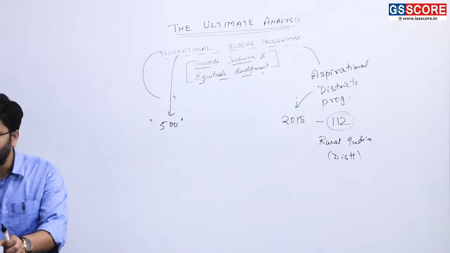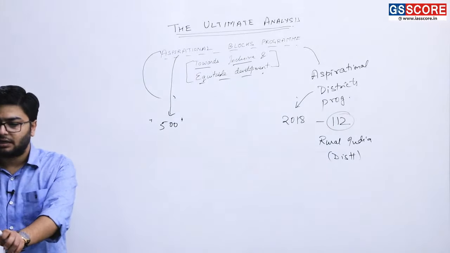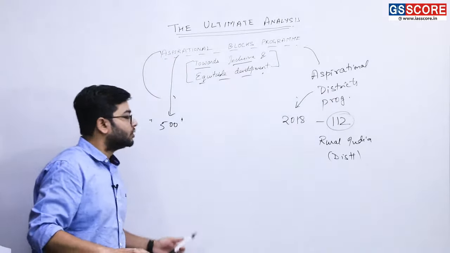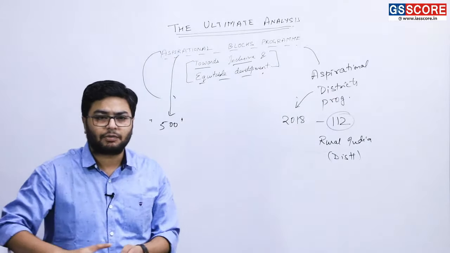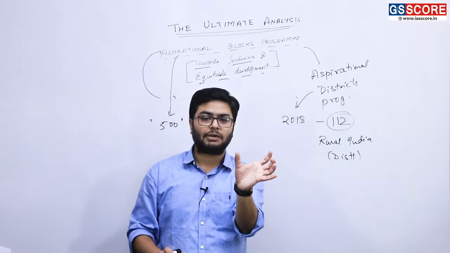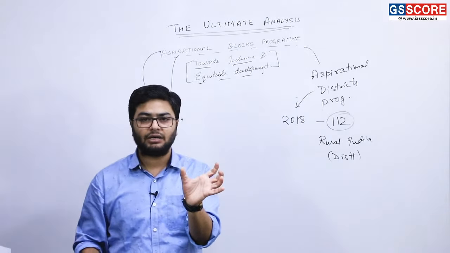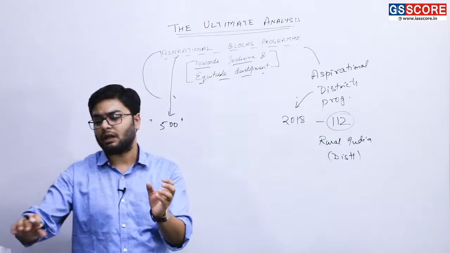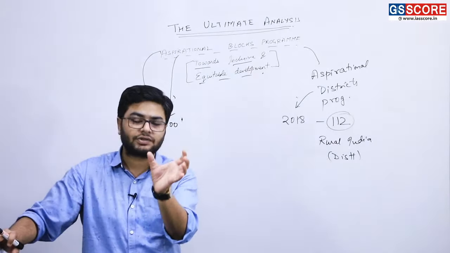So let me see if somebody has a question. Okay. I hope everyone is understanding this, right? Everybody is getting what we mean by development, and the inclusive development we talk about, a comprehensive, holistic development.